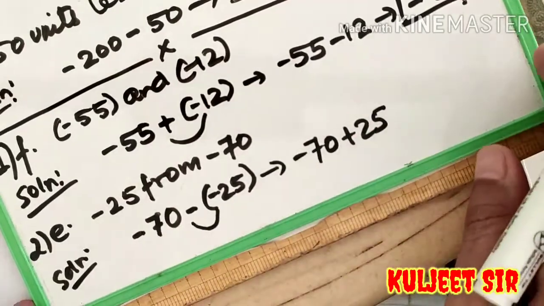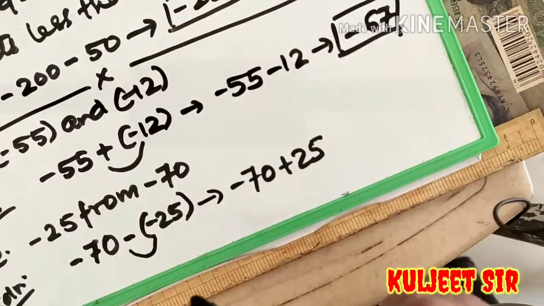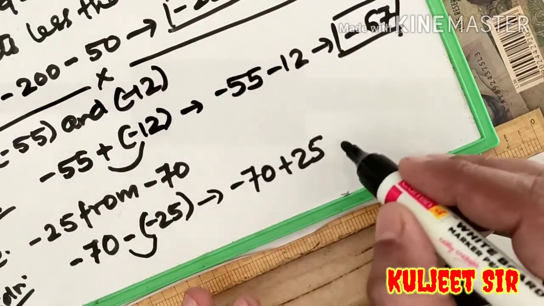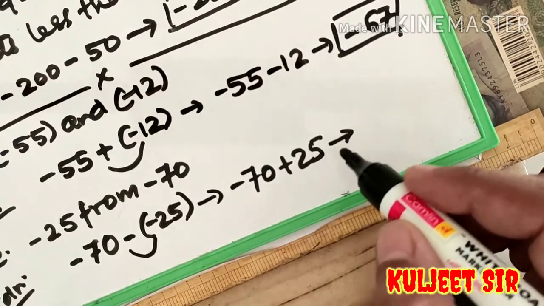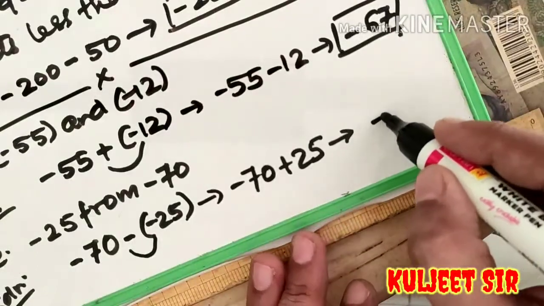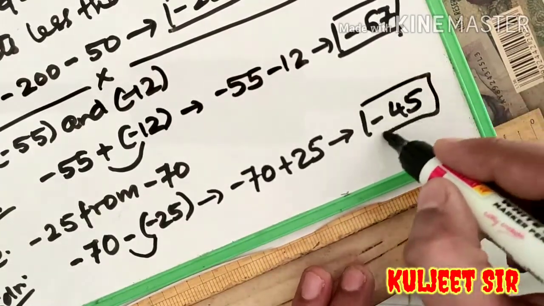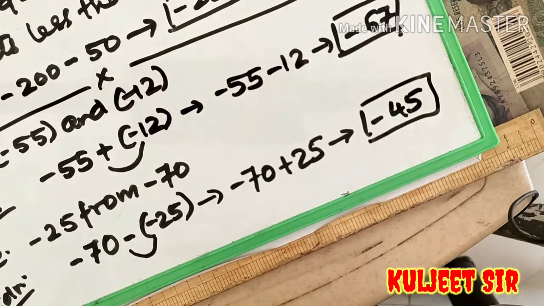I repeat, we are on minus 70, which is a negative number, and you have to add 25 to it. Still the answer is going to be negative because minus 70 is the number with the bigger sign. So when I solve it, I get my answer as minus 45. This is my sum number 2.